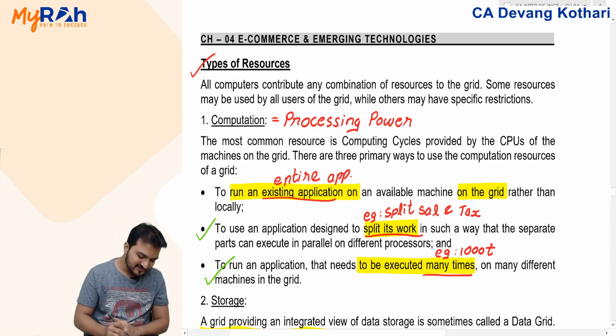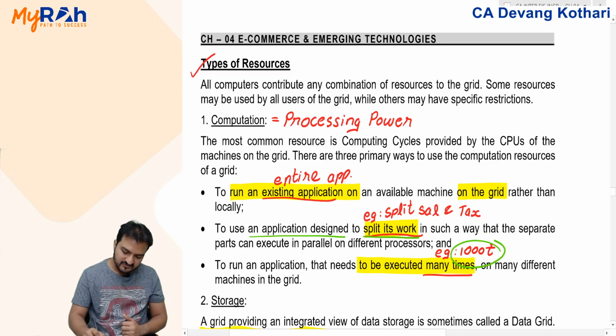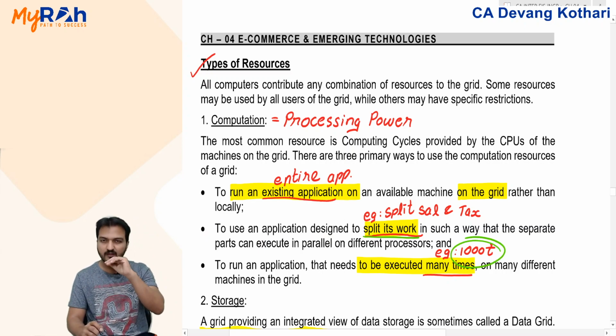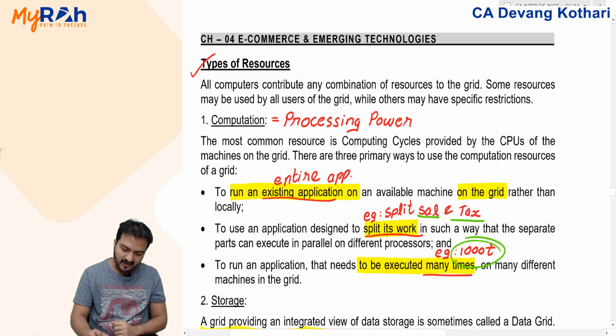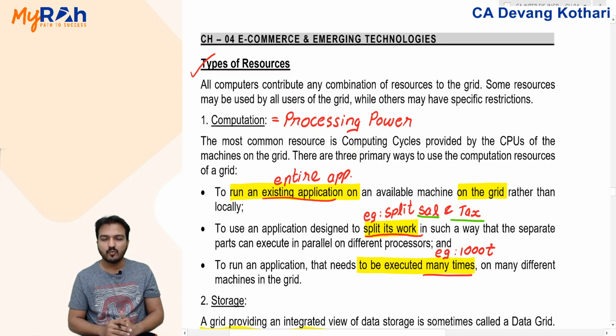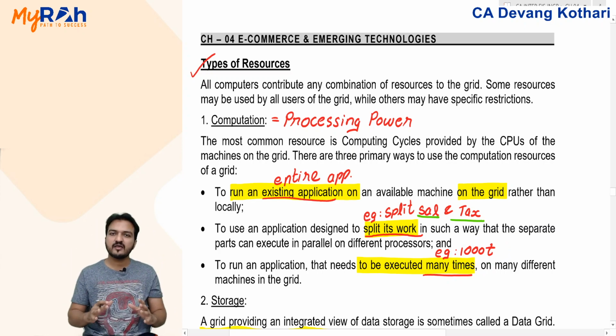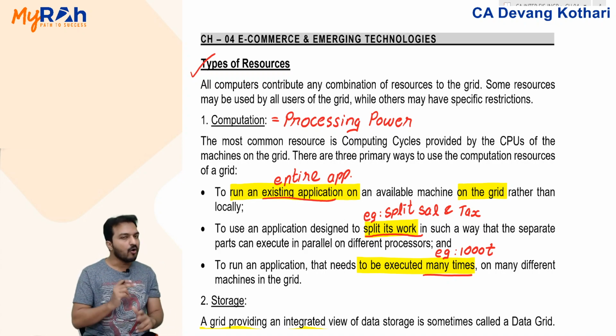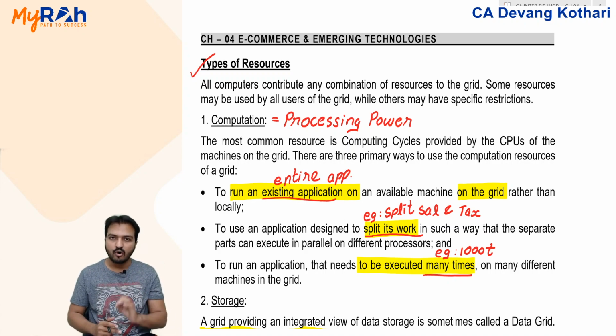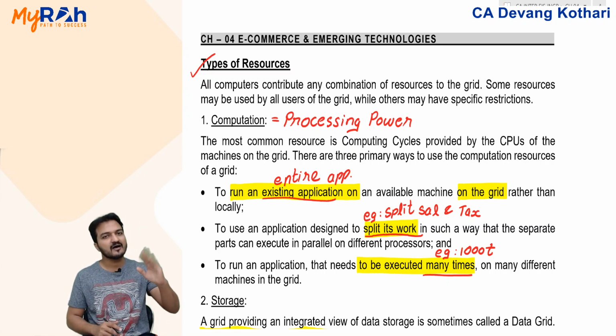But the other two: the second one says to use an application designed to split its work. Say for those 1000 transactions, I had to calculate salary and tax. Then what I might do is, all the salary calculations of the 1000 transactions are done by my computer, while all 1000 tax calculations are given to the grid.